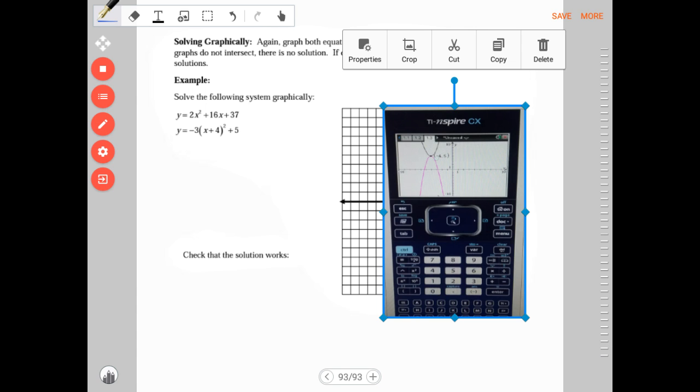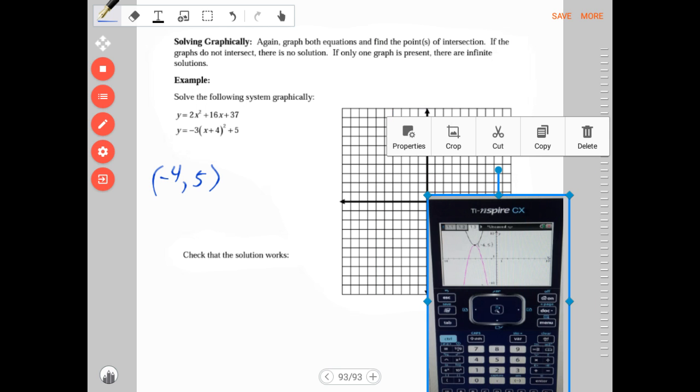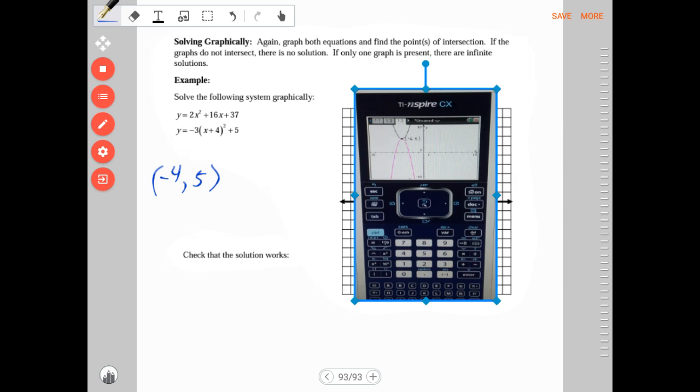There's two parabolas, and they intersect right at both vertices there. So our answer here is negative 4 and 5. If we really want, we can make a quick sketch.